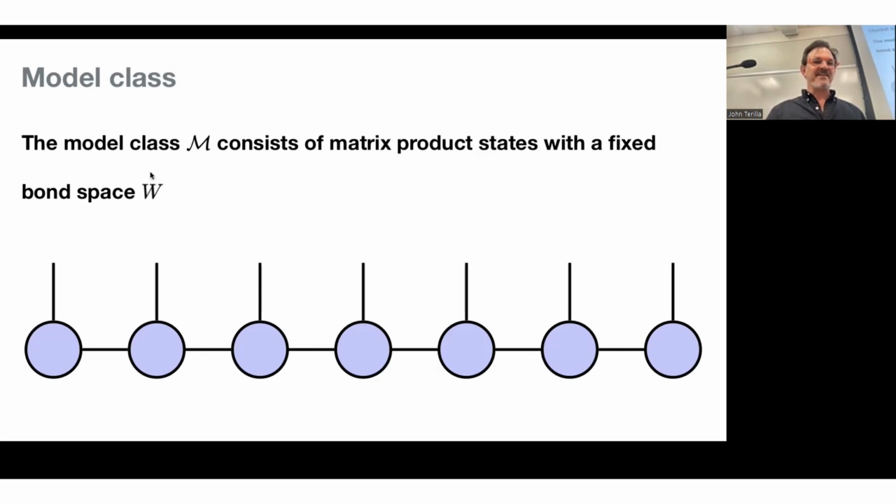And so when I say a fixed bond space W, you can think of this as fixing an integer like 3 or 10, or you can think abstractly that this horizontal index is represented by this space W, or represents summing over a fixed number of indices, the bond dimension, maybe 3 or 10.